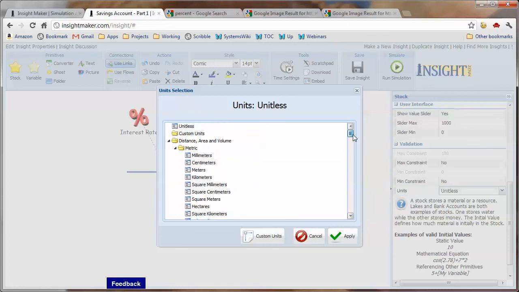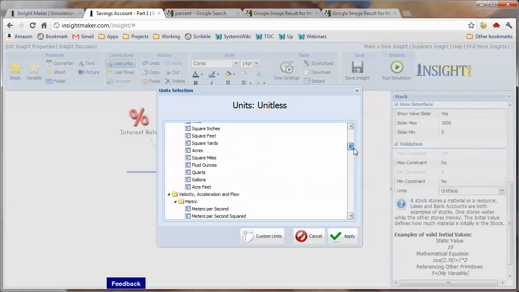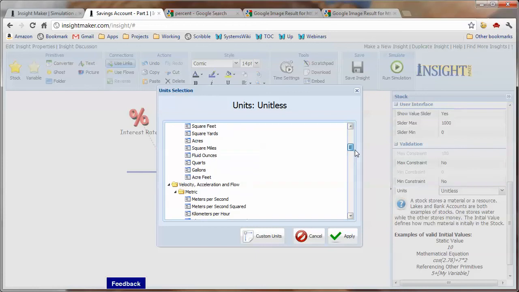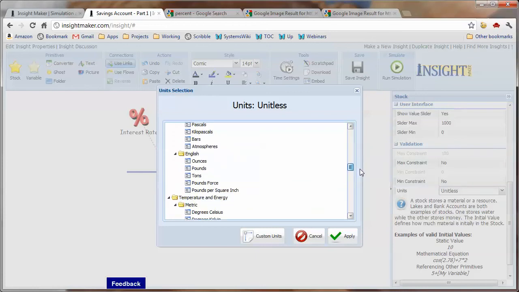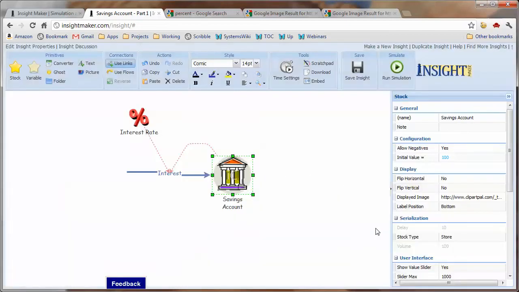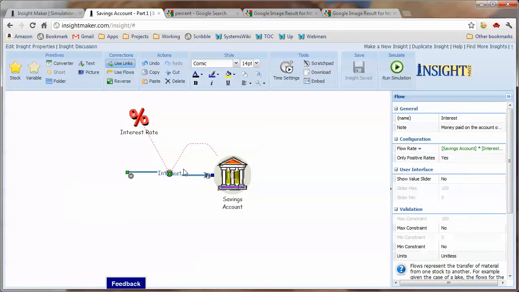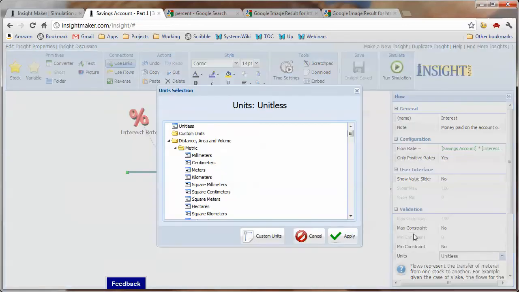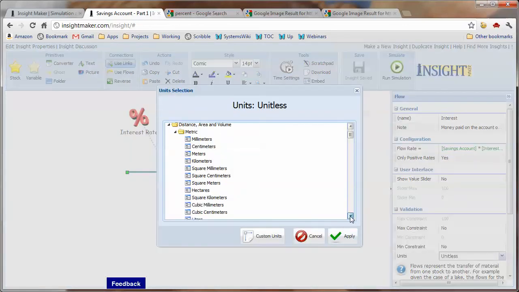I lost it. Oh, there's money, dollars. And the interest rate I'll leave as undefined, and the interest we'll say is dollars per year.